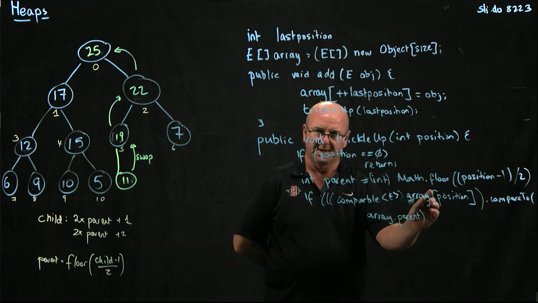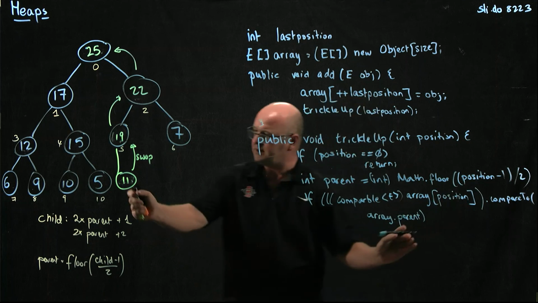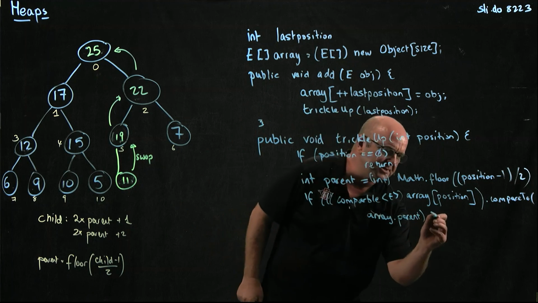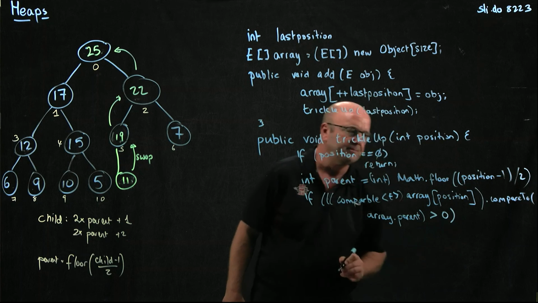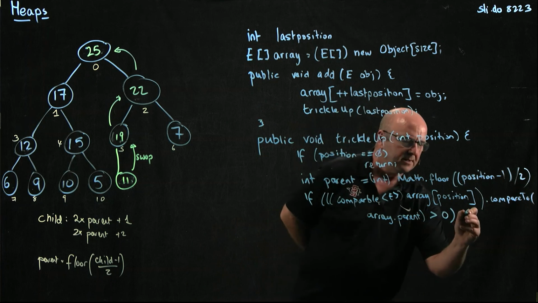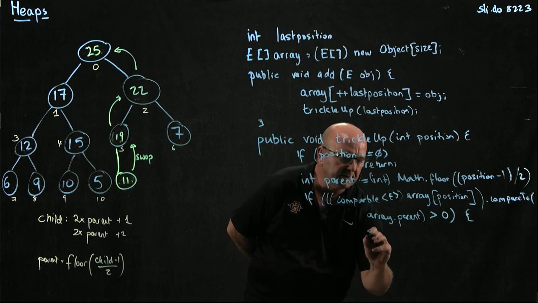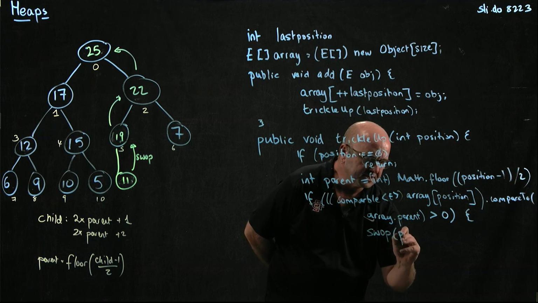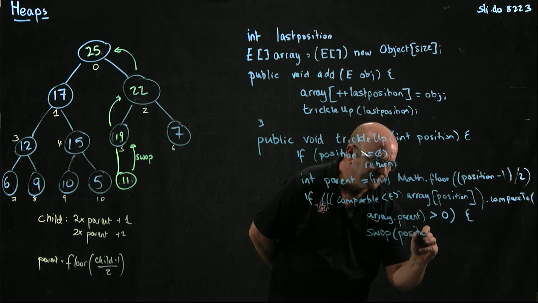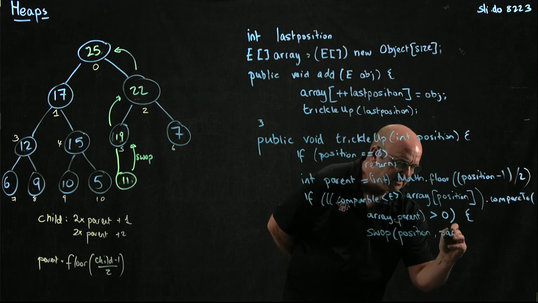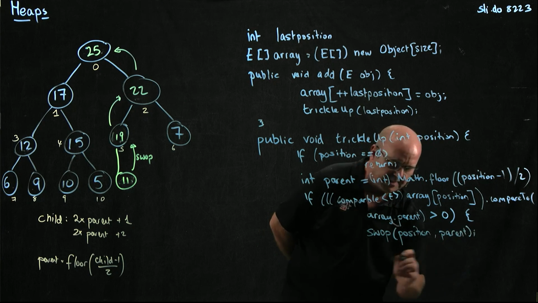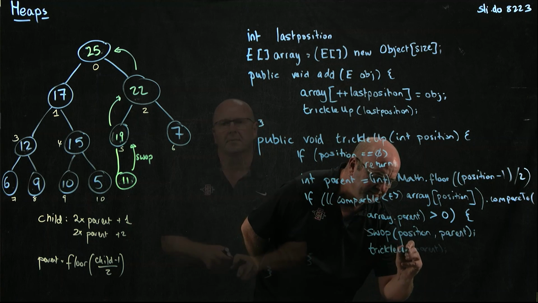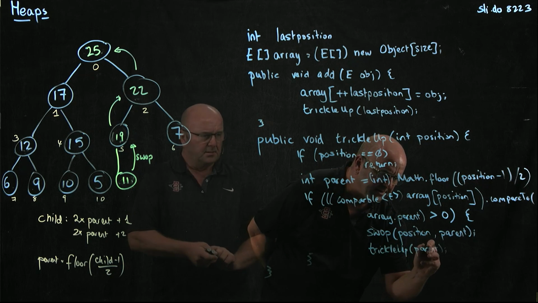So if position, that's where we are, is larger than our parent, so our comparison will return greater than 0, then we're going to swap position and parent, and then we're going to do a trickle up on parent.